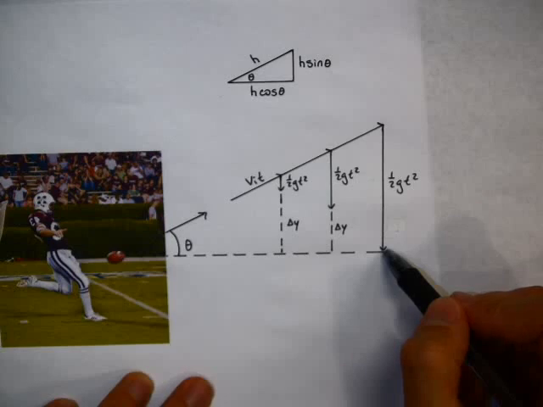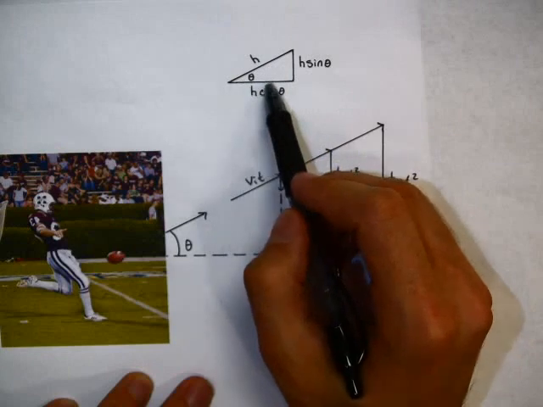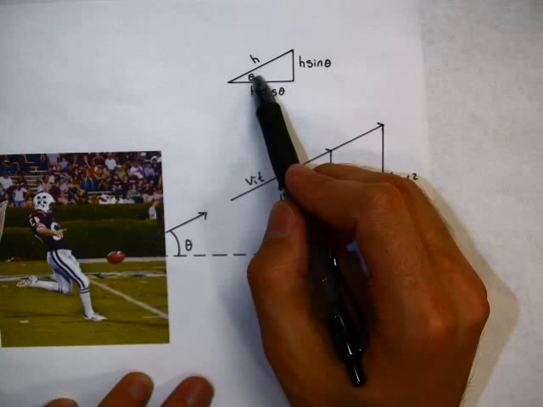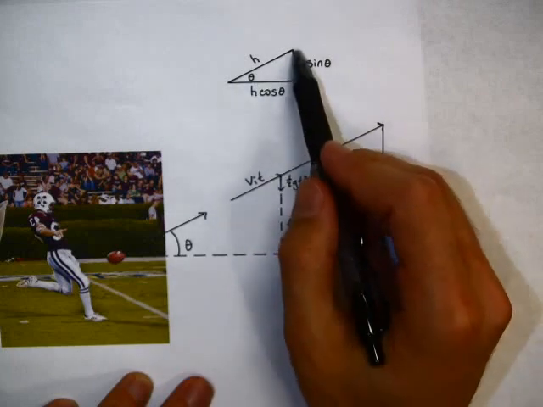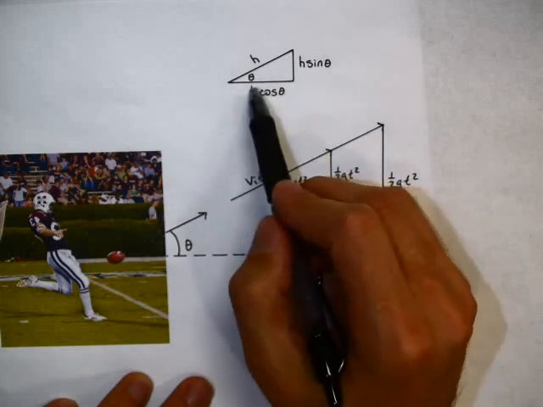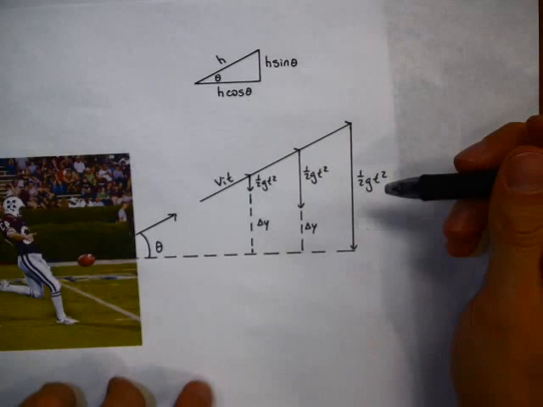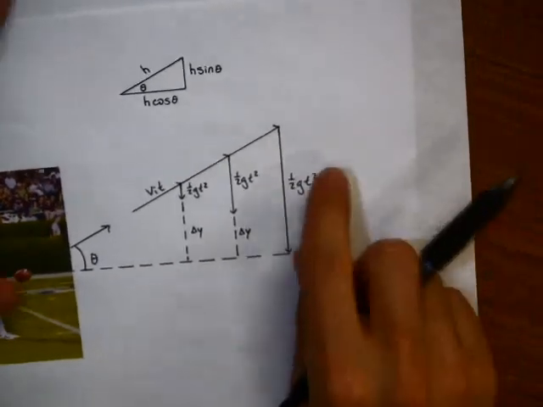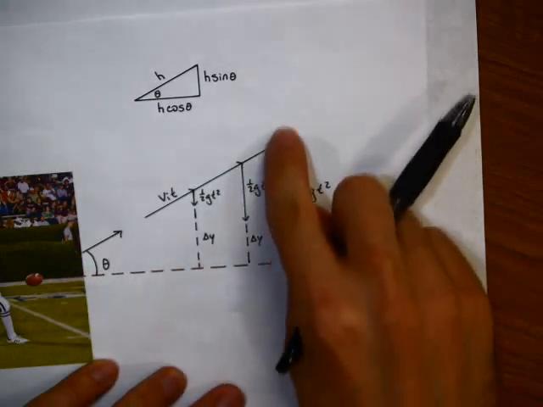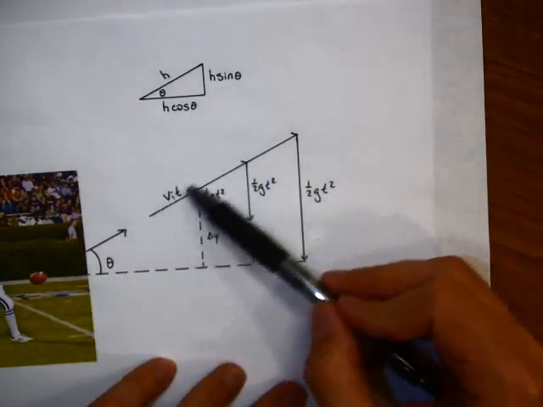We're going to use some trigonometry here. You should know that for a right triangle, if h is the hypotenuse and theta is the angle here, then this side of the triangle is equal to h sine theta, and this side of the triangle is equal to h cosine theta. That means that for this side of our triangle here, the hypotenuse is VIt.